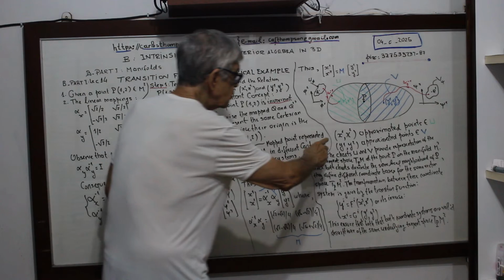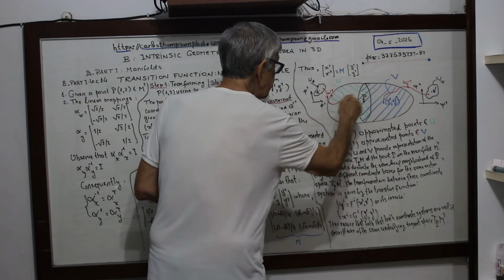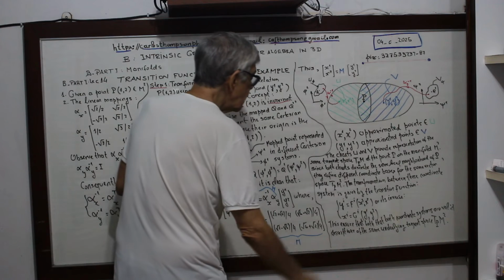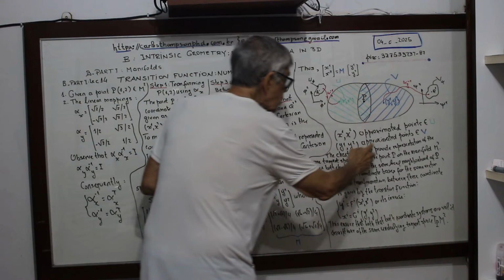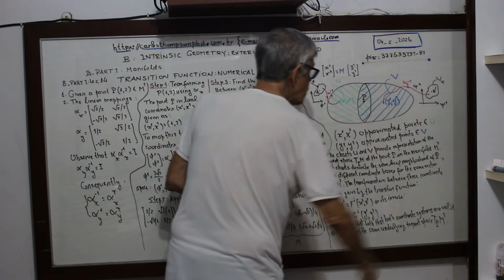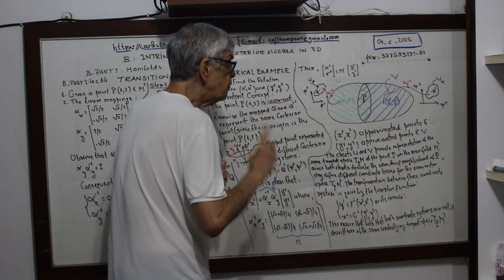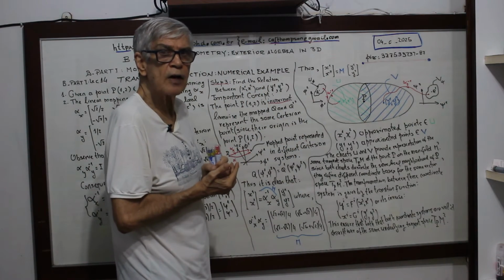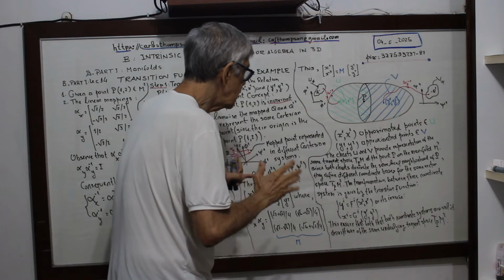So I repeat here, see, x1, x2 here, approximate points belong to the chart U. y1, y2, approximate points belong to the chart V. Chart U and V belong to the same tangent vector space, see, the same.